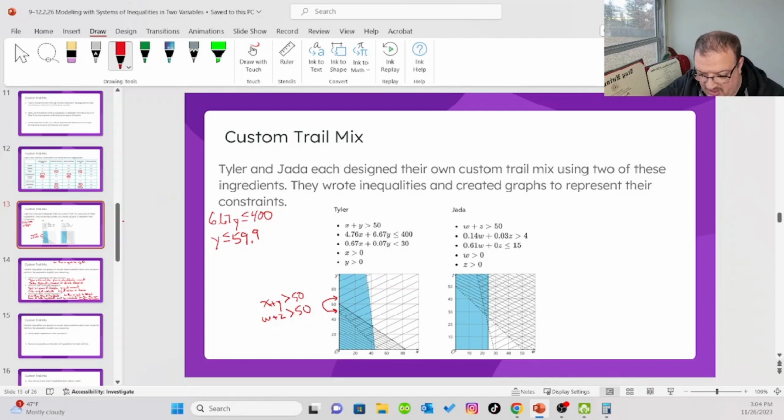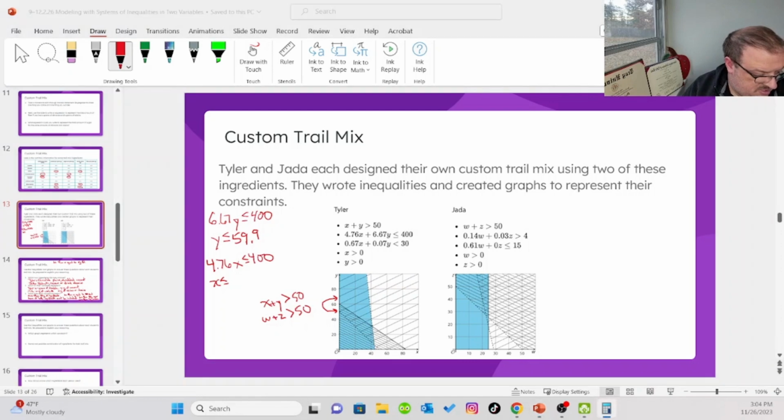And if we try it the opposite way, 4.76x less than or equal to 400, x would be less than or equal to 400 divided by 4.76, which is approximately 84.